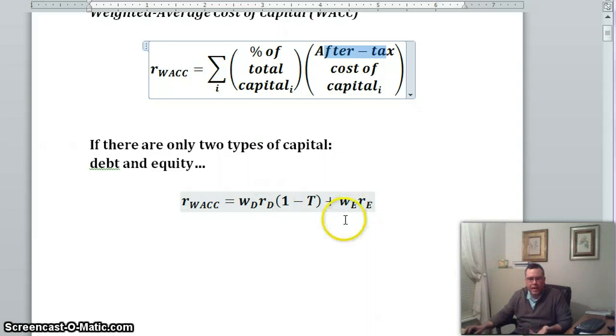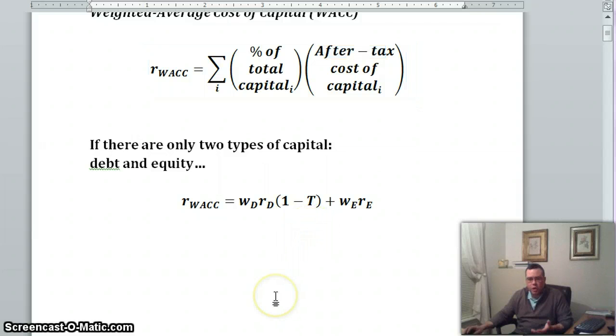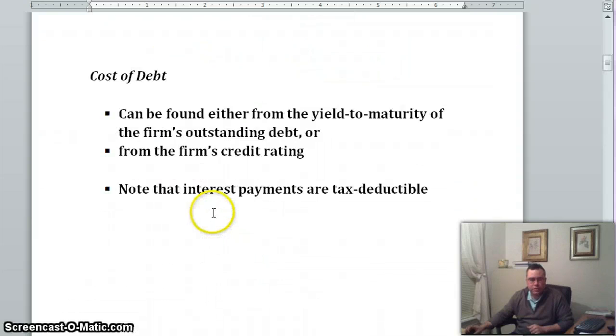The way you deal with that mathematically is you multiply it by 1 minus the tax rate, and it makes it lower. That after-tax cost to you is going to be lower for debt payments than it would be for equity, for example, because if you pay out dividends, you don't get to write those off your taxes. Dividends don't even show up on an income statement. If they do, they would show up after taxes at the very bottom, probably after even net income, but they don't usually show up at all. So that's one major advantage of issuing debt over equity: you get that tax advantage. You get a tax shield on all your interest payments.